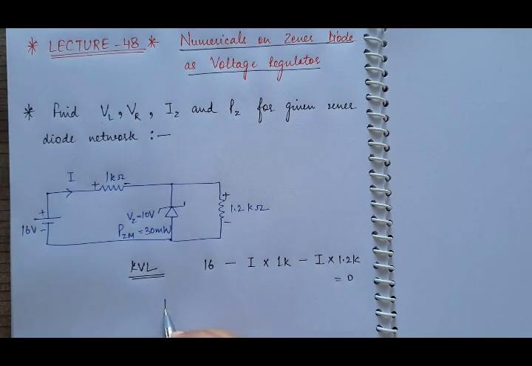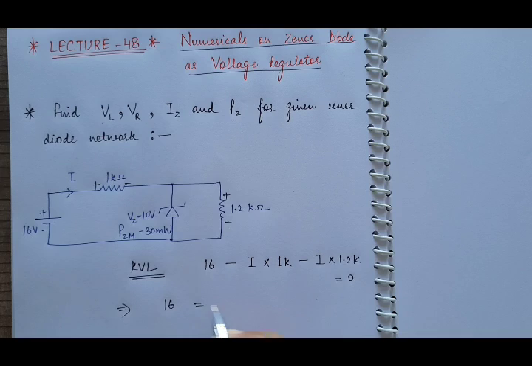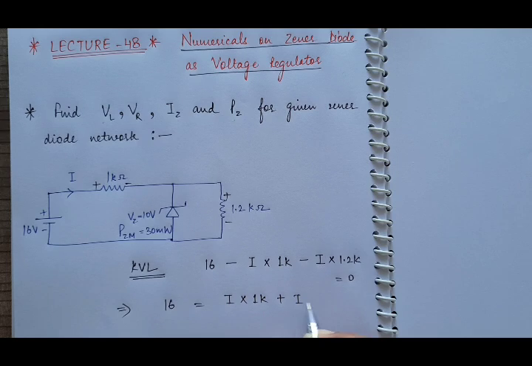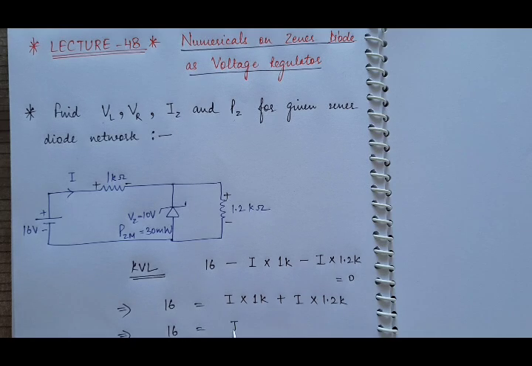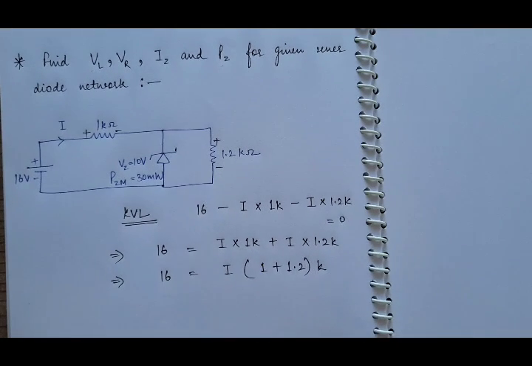So we have 16 equal to I into 1k plus I into 1.2k. Now take this I common. So we have 1 plus 1.2, and take this k also common. K is 10 raised to power 3.